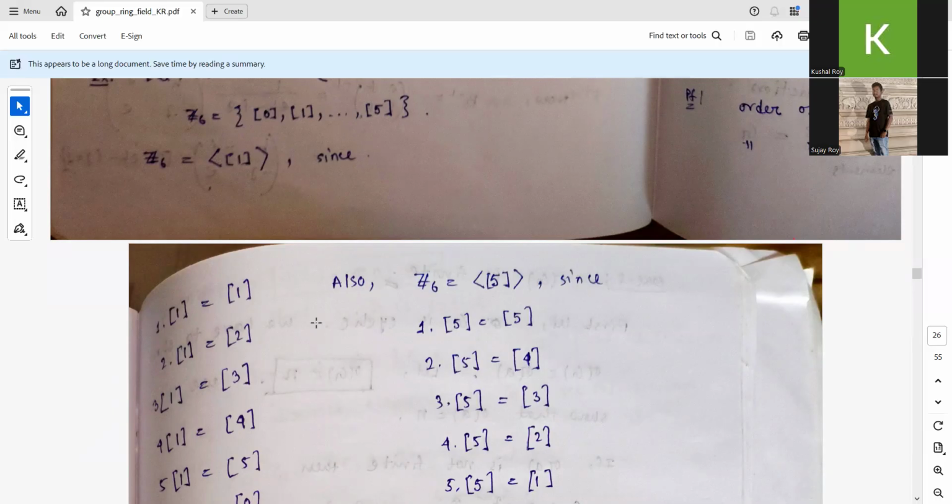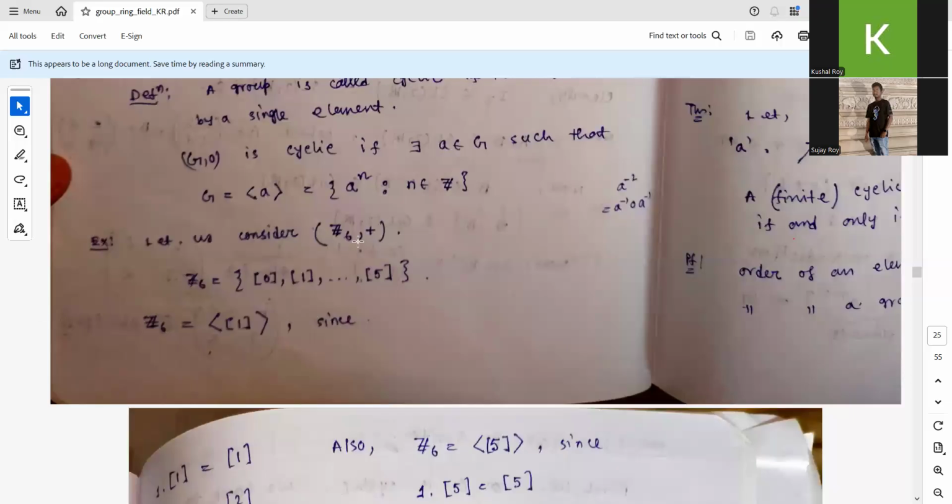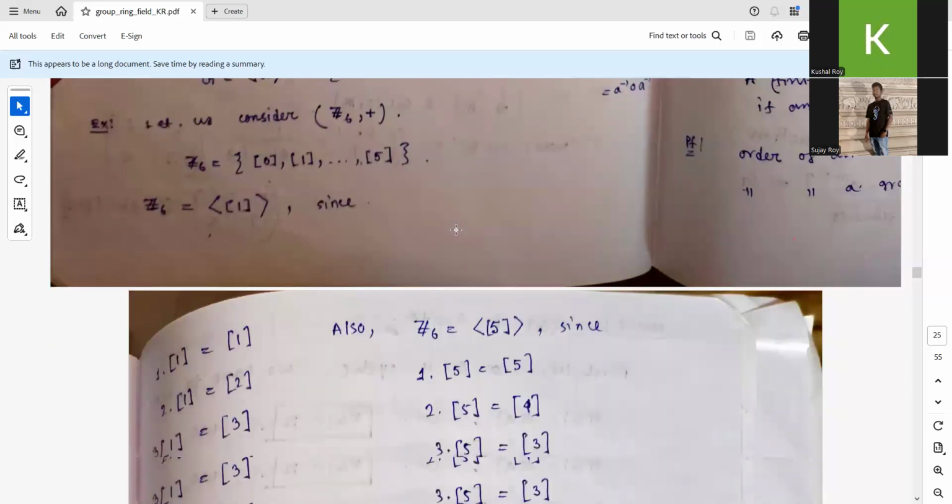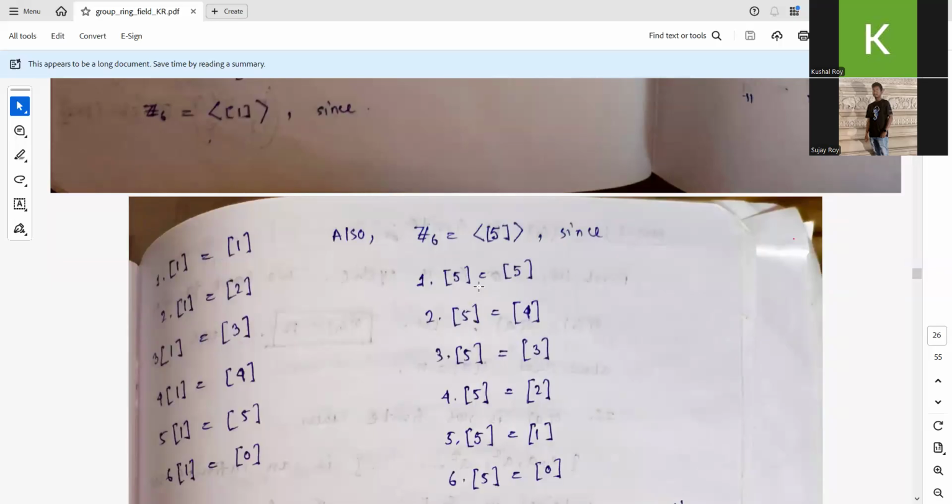Okay, so since it is the composition of a, and for Z6 plus the operation is addition, therefore a to the power n is nothing but n into a. Okay, a to the power n means a composition n times. So that means a plus a, n times. That means it will be n into a. So a to the power n is nothing but n into a in case of Z6 plus.